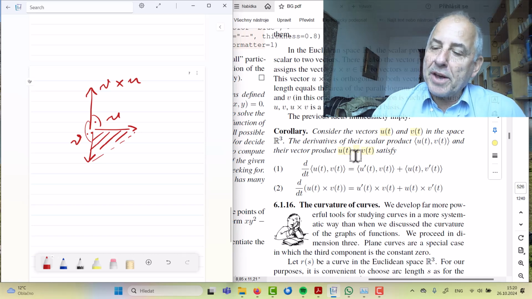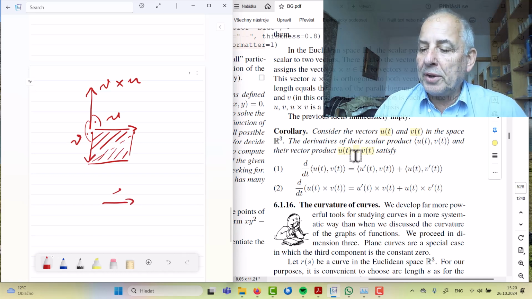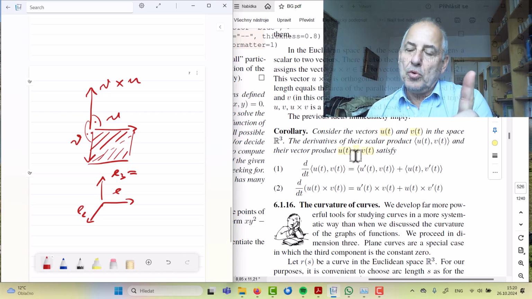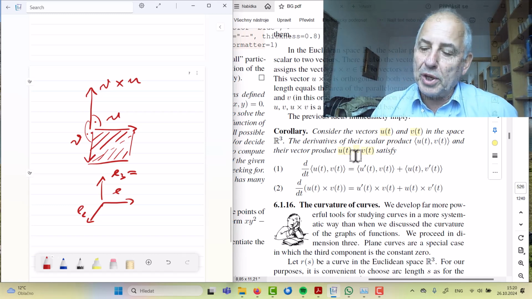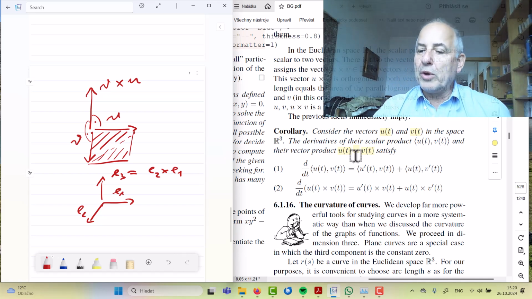Well, actually the area of the parallelogram. So for example, if you take e1 and e2, the two standard vectors, then e3 equals, as I drew it this way, e2 times e1. That's a matter of orientation, because you want to have a positive orientation, right?